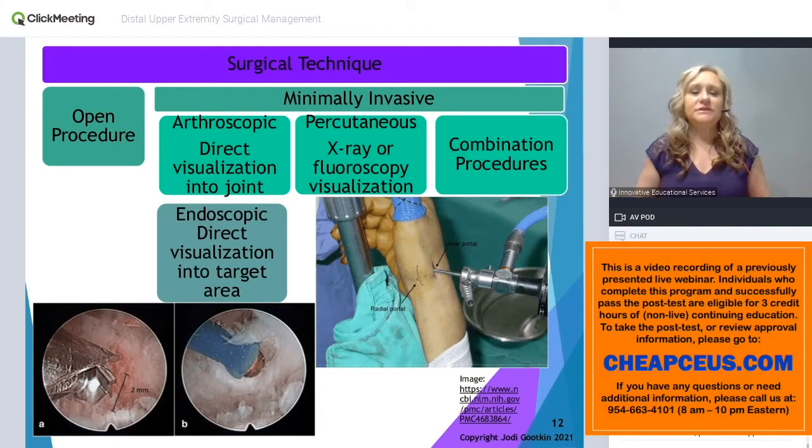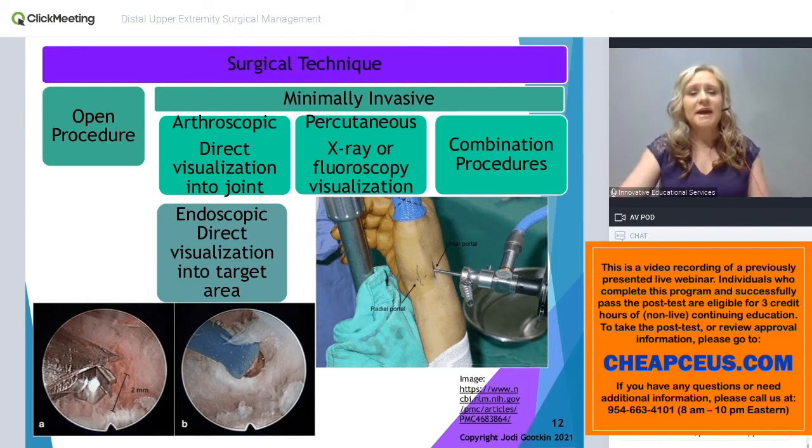When we look at the different types of surgical techniques that can be performed, we have our two main categories of open procedures and the more minimally invasive procedures. Minimally invasive, I've seen it evolve over the decades, and the terminology sometimes means different things.